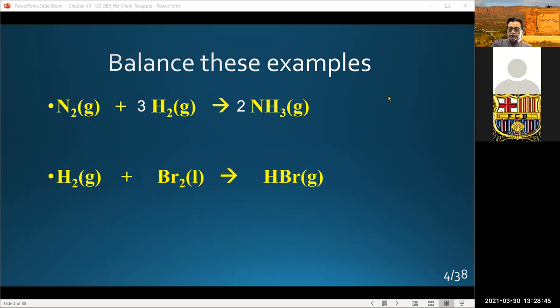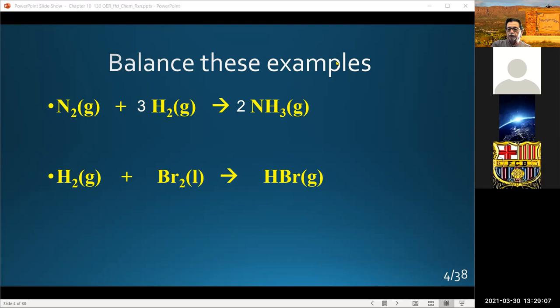All right, let's take a look at this one. We have hydrogen and bromine to give us HBr. Now, again, these types of reactions are trial and error as far as balancing them, okay? So in this case, H2, Br2, I can very simply just put a 2 in front of HBr, and guess what?